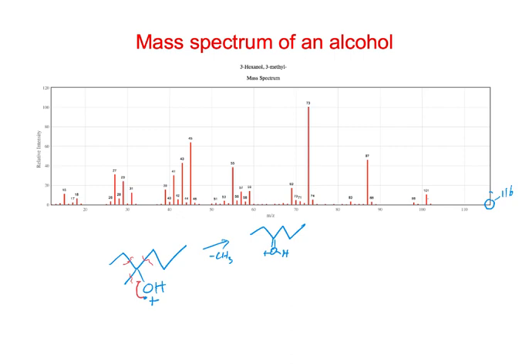So that should go from 116 to 101, minus CH3. We could lose the ethyl group, same mechanism. So this would be loss of ethyl, and so this gives us 87.